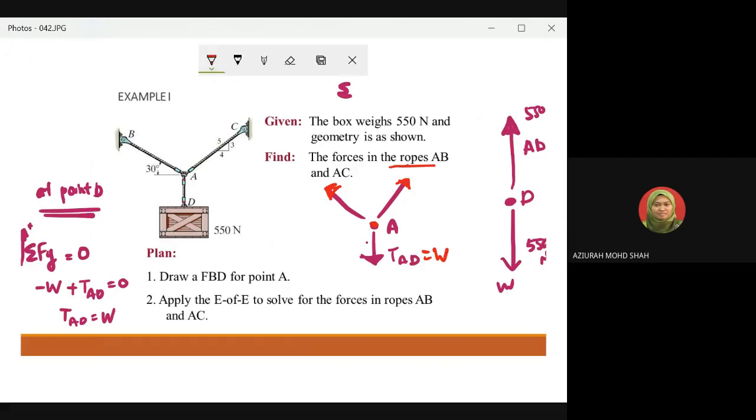And logically you can also see, if you want to make sure this crate stays in this position, you need to support it with two cables pulled upward, taut, in tension, so that it can remain in this position. Can you see what I mean?